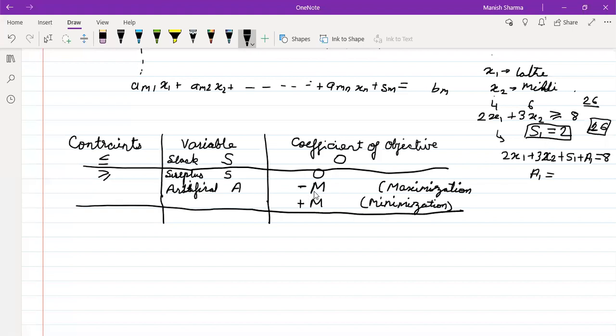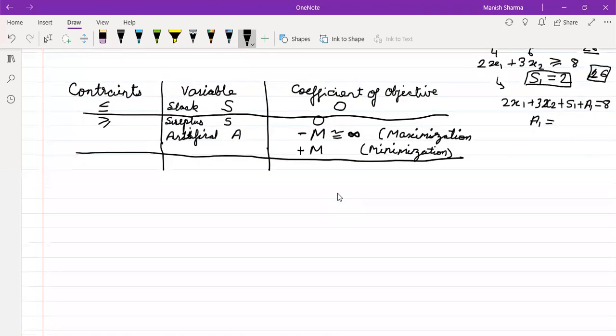This minus M is almost equal to infinity, approximated to infinity. So a very big penalty is being added to the objective function.